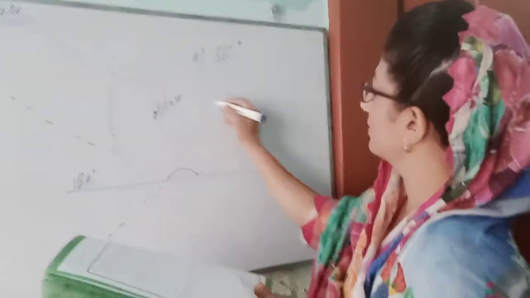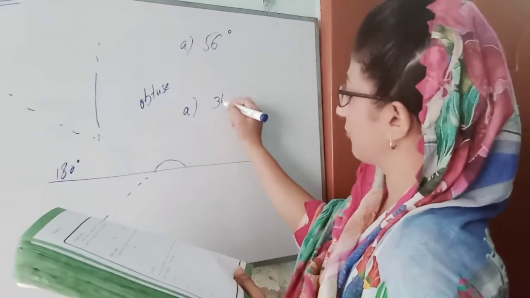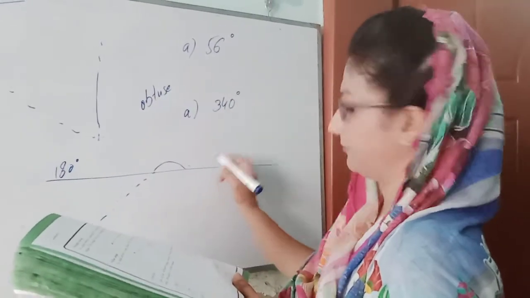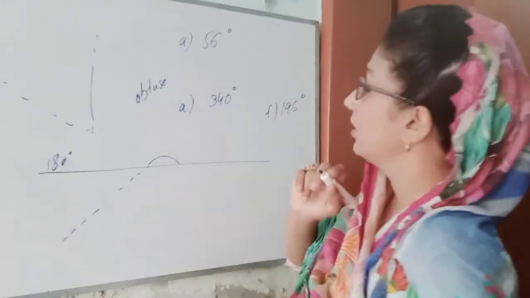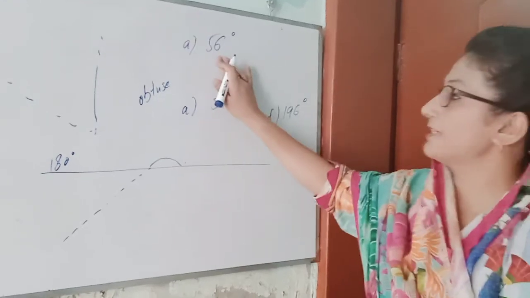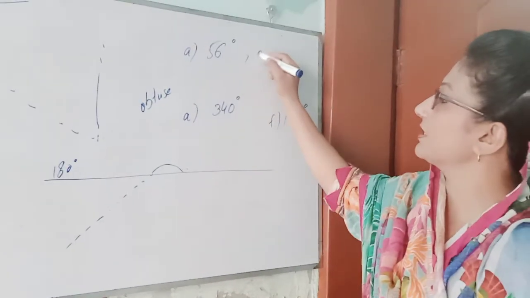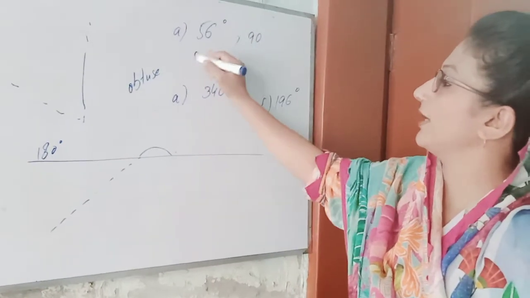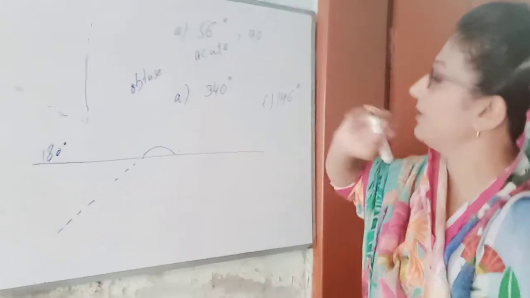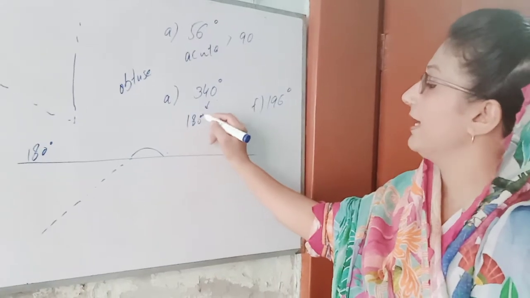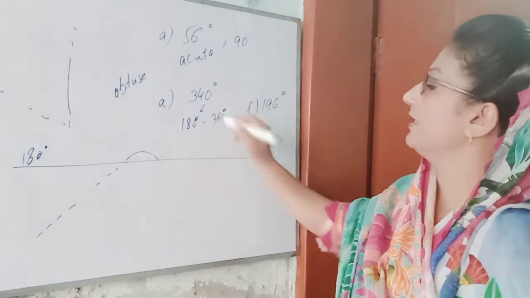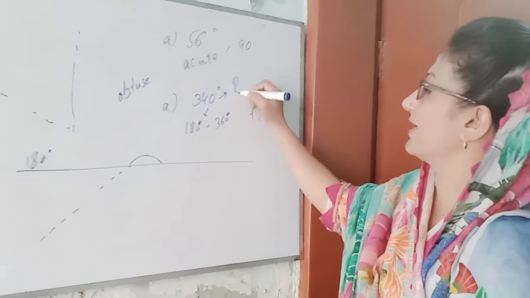Now for example, if I have an angle of 56 degrees, an angle of 340 degrees, an angle of 190 degrees, 196 degrees. As 56 is less than 90 degrees, it is called an acute angle. You write your acute angle. If this angle is greater than 180 degrees and less than 360 degrees, it is called a reflex angle.